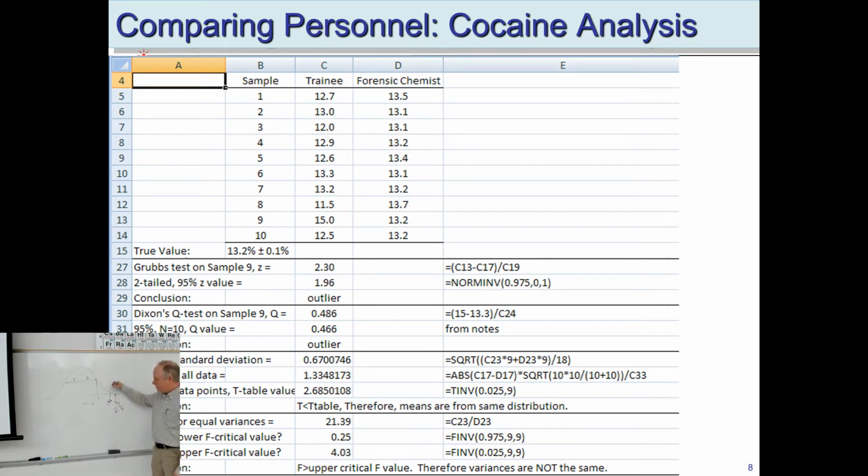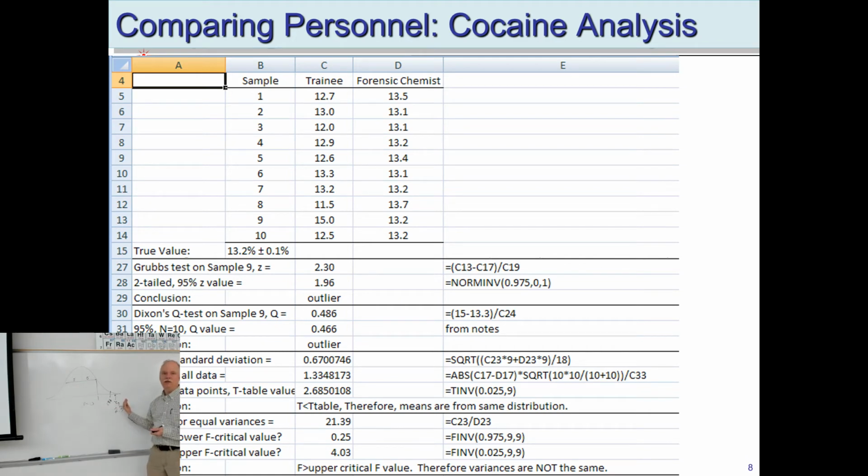If I'm right at that point, there's a 2.5% chance that I'd be at that point. If I go further, there's much less of a chance. So there's really a very small chance that I would get a data point this far out if it was randomly distributed. We're asking, was this 15 just random variation?